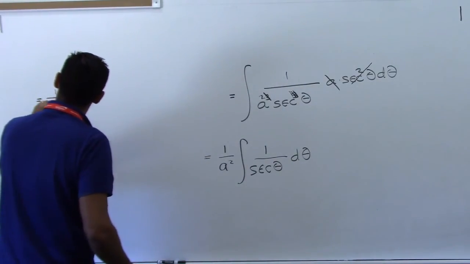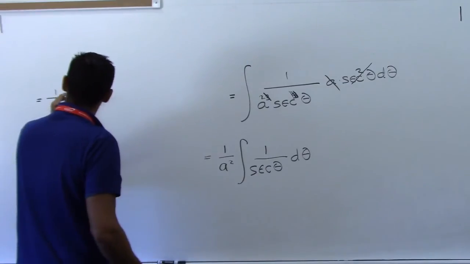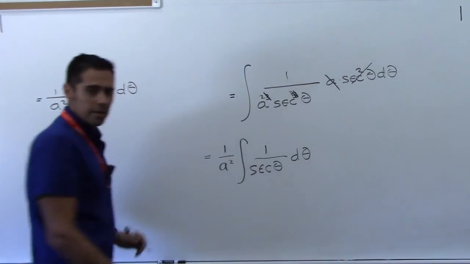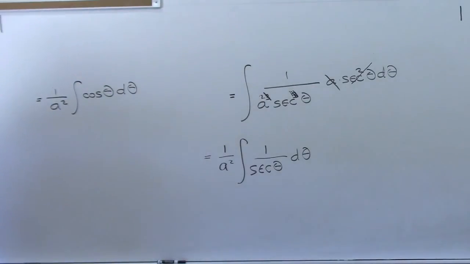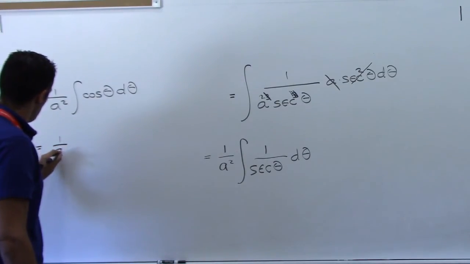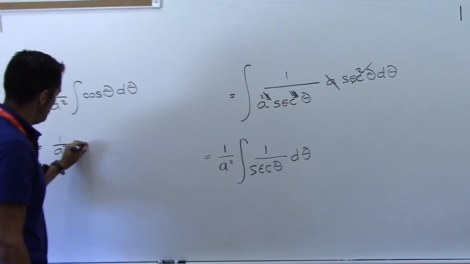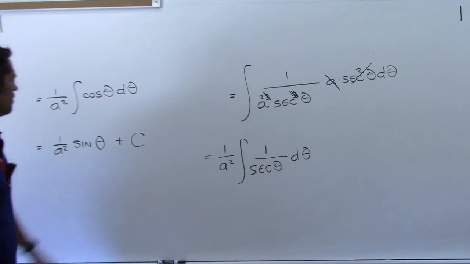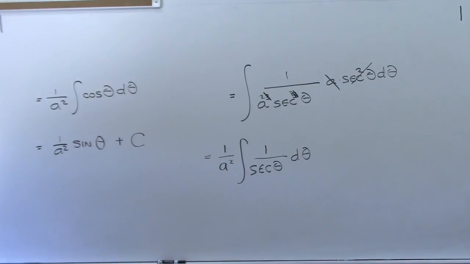So 1 over a squared integral cosine theta d theta. Zach, are you good? All right. And that one, the antiderivative of cosine, is about as clean as it ever gets, right? You don't even have to worry about the sign, the positive, negative, or anything like that. And that's it, right?